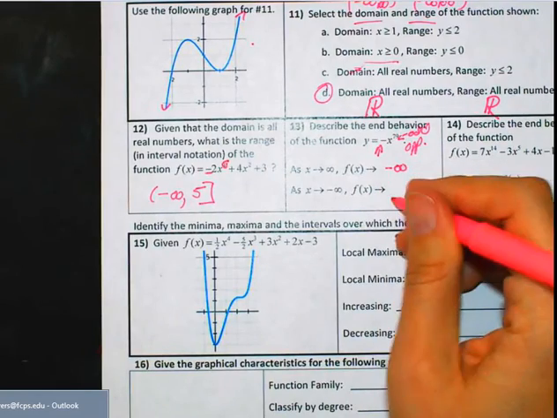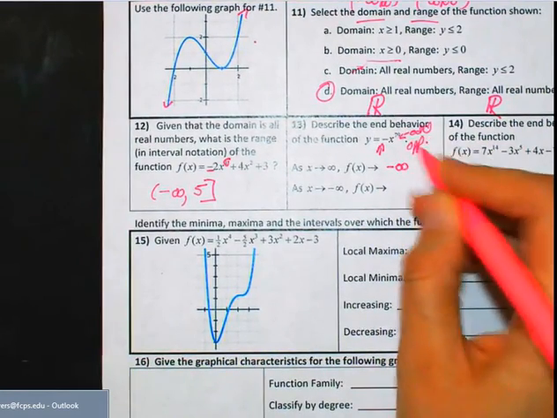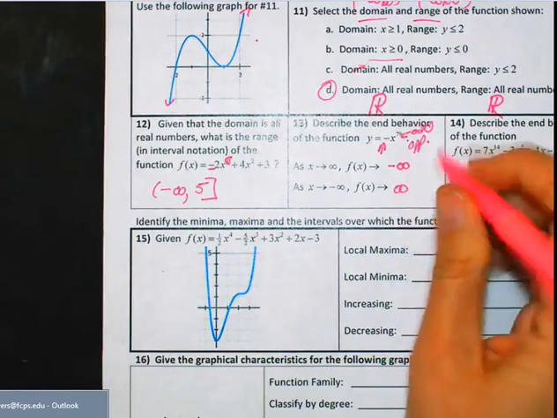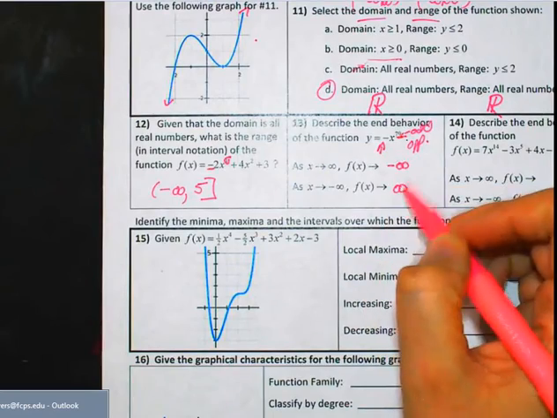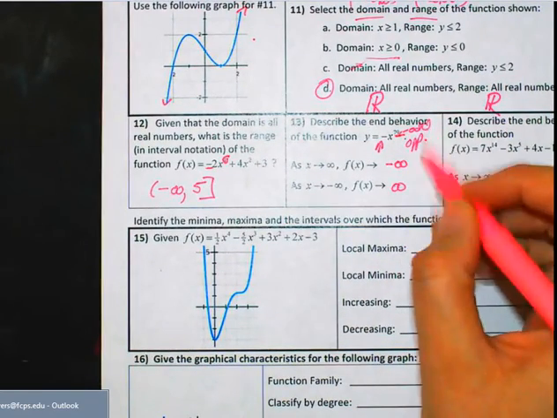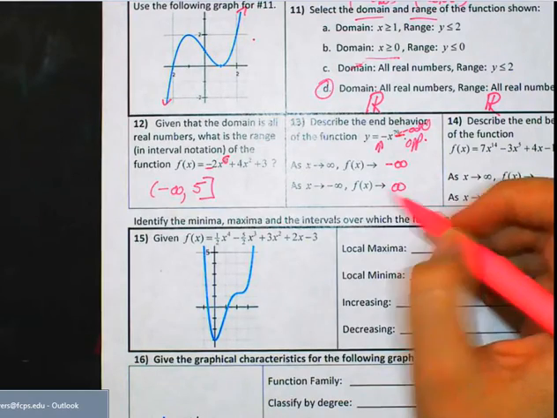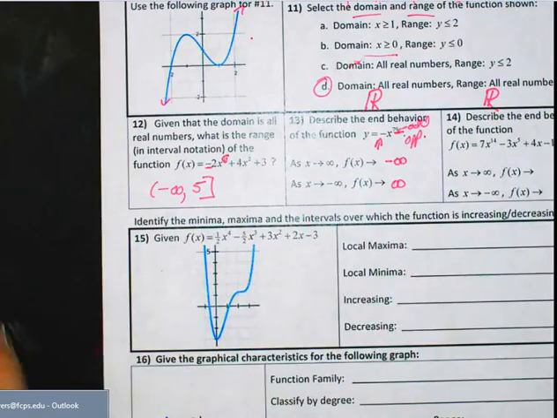And on the left-hand side, which is the opposite, is going to have positive infinity. So as x approaches negative infinity, then f of x has to be approaching positive infinity.